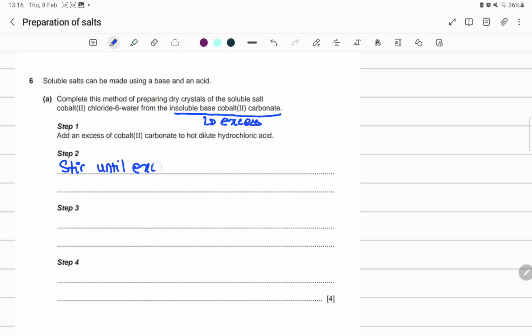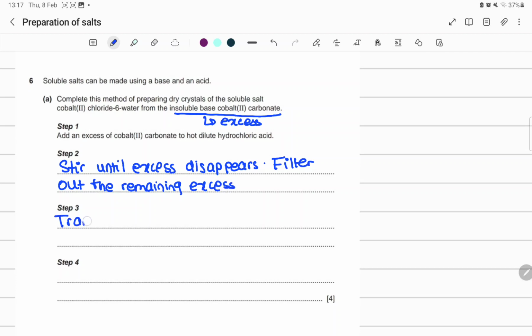until excess disappears. And then filter out the remaining excess.